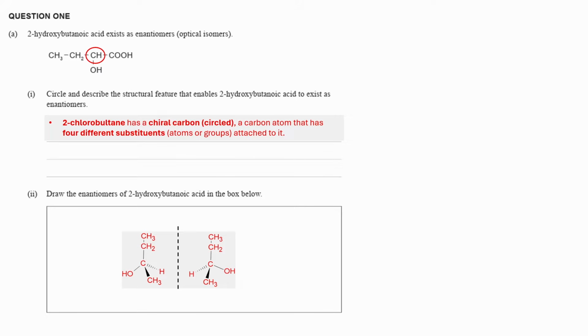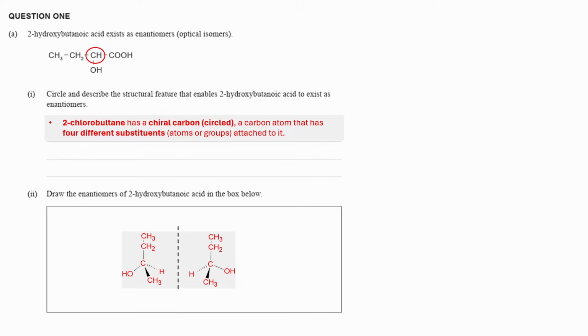But what's important when we draw this molecule is that we show that there are 109-degree angles, right? So if I was to draw this molecule at 90-degree angles, I would get this wrong. So I have to have an attempt at representing a 3-dimensional shape here.